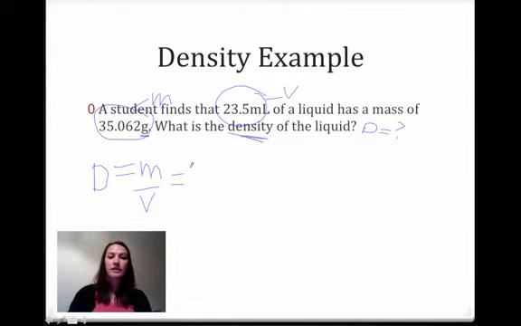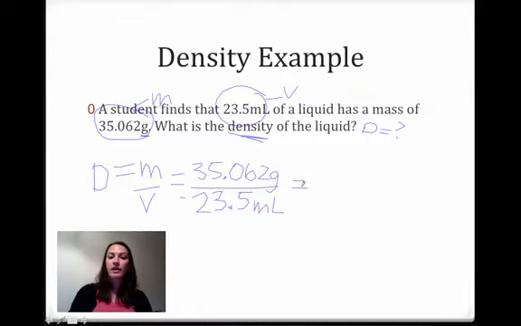So density equals 35.062 grams over our volume, which is up here, of 23.5 milliliters. All right? We're just going to put this into our calculator: 35.062 divided by 23.5, and we're going to get our answer.